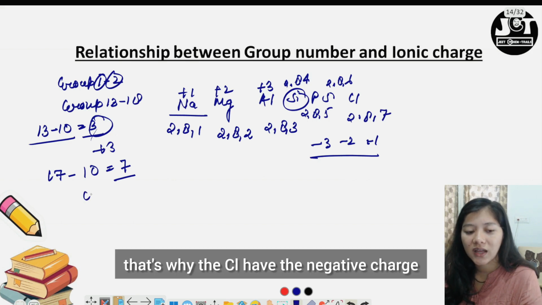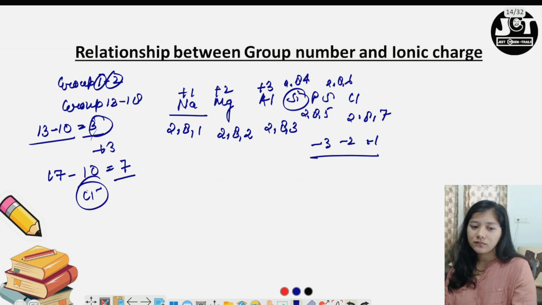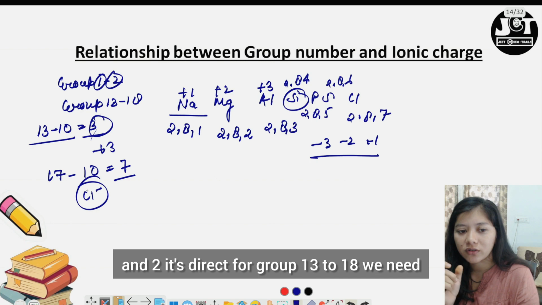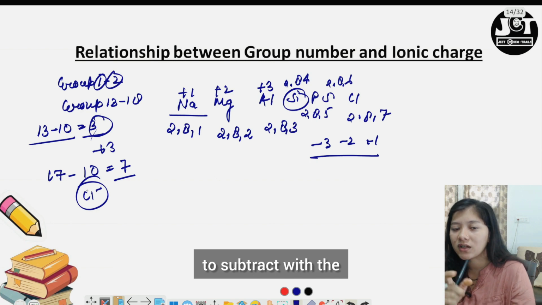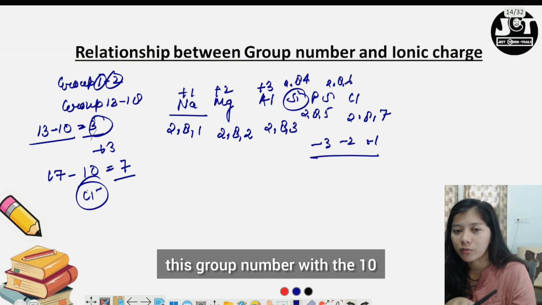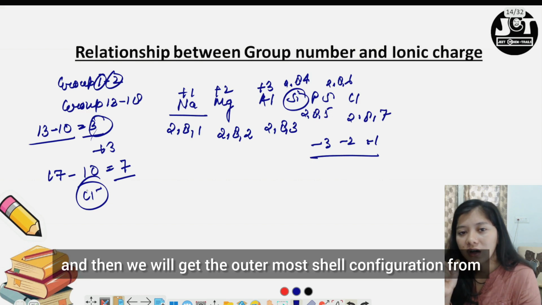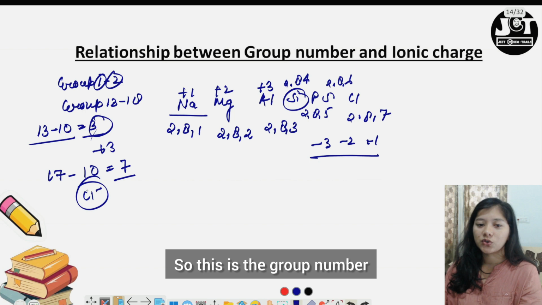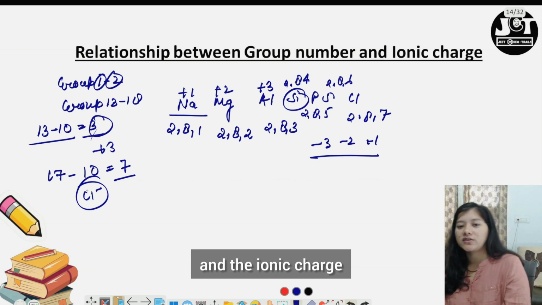That's why Cl has a negative charge. So we have these two rules. For groups 1 and 2, it's direct. For groups 13 to 18, we subtract 10 from the group number, and then we get the outermost shell configuration. From that we can easily calculate, right? So this is the group number and the ionic charge.